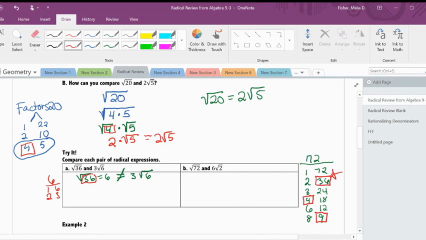So now when I break down 72, I'm going to break that into the square root of 36 times the square root of 2. I'm choosing this pair right here. 2 times 36 is 72, so that's breaking that down. The square root of 36 is 6, and the square root of 2 is as simplified as we can go. So we see that these two are equal.